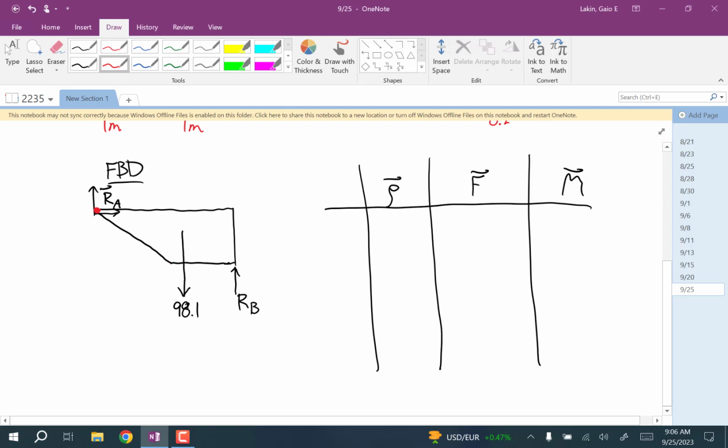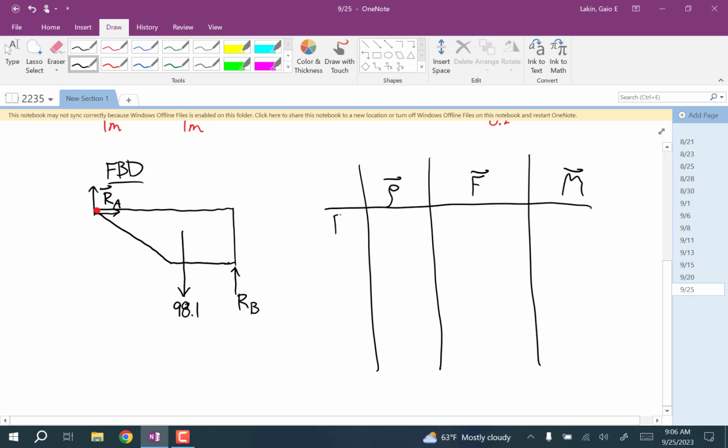Remember, if you put your origin at the about point that you use, the rho vectors are all just the coordinates of the points where the forces apply. So that can sometimes simplify things. Okay, I'm putting it up here.